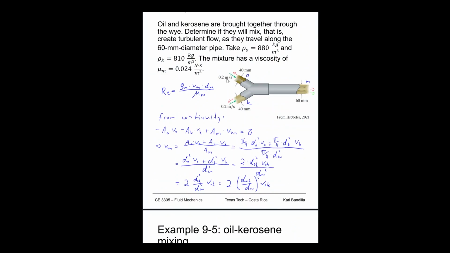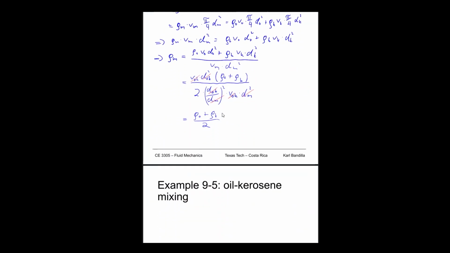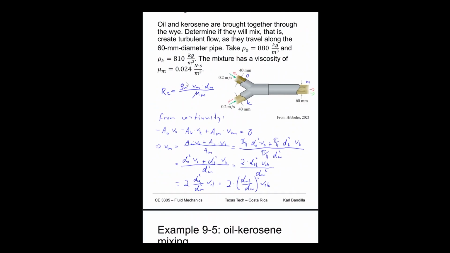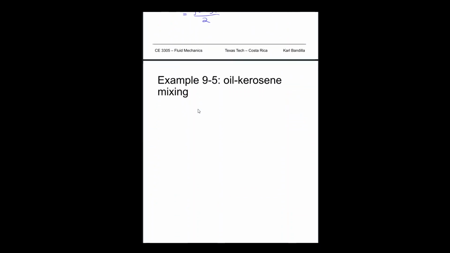Now that's not all that surprising, right? If we go back to our figure here, if half of the fluid is coming in with one density and the other half is coming in with another density, and they're coming in at the same rates, then it's just going to be the average of the two. All right, so we have that now. If we go back to our Reynolds equation, now we have rho m, we have Vm, so we can look if we get turbulent flow or laminar flow.